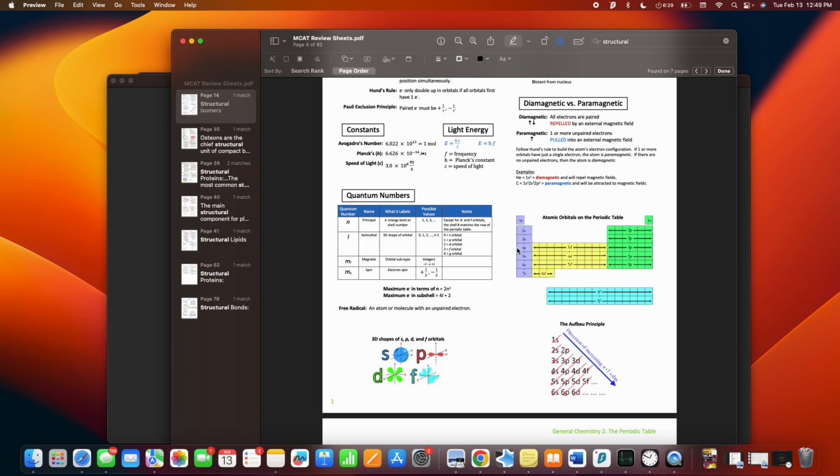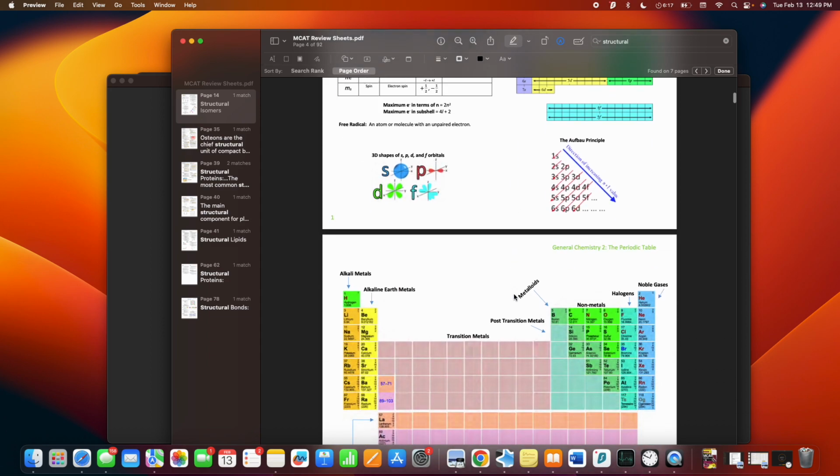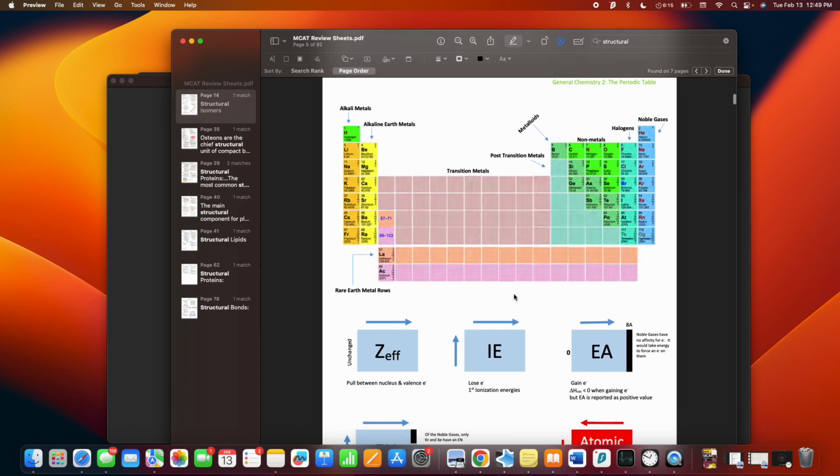So instead of 4s2 3d4, we'll have 3d5 and 4s1, as far as I know, but we can definitely come back to this later.